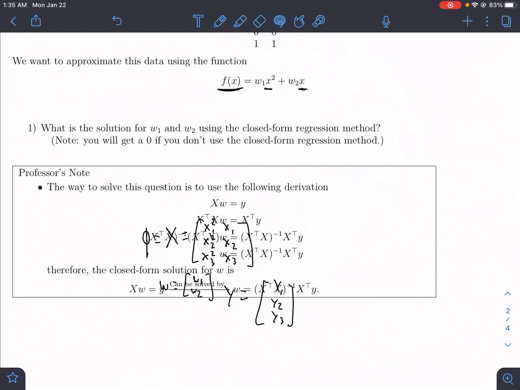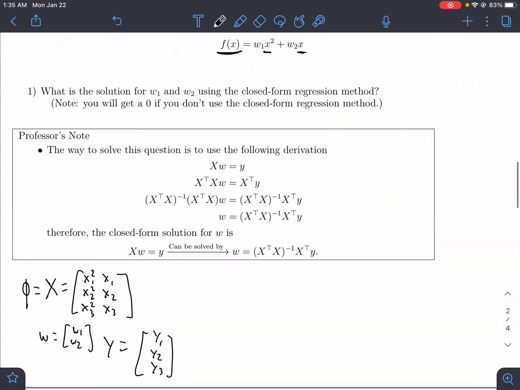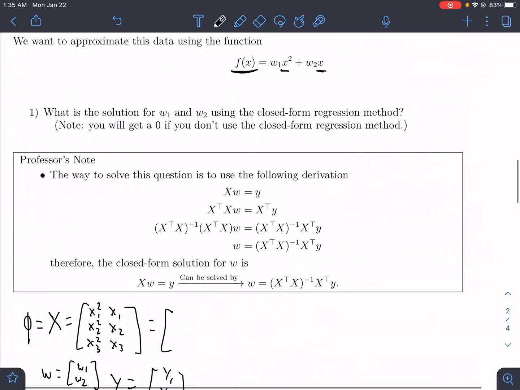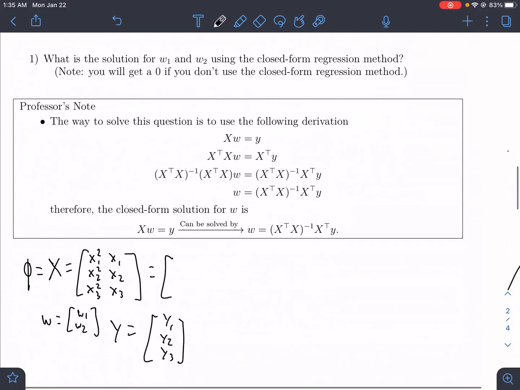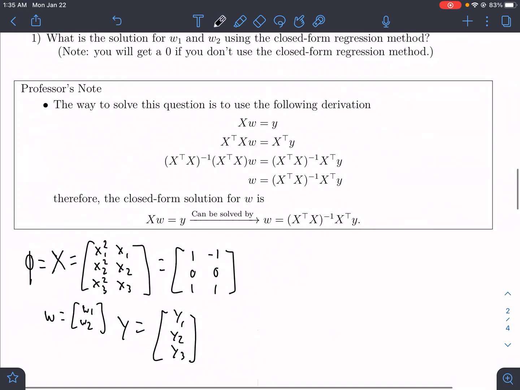Now let me just pull it down here. Okay, now let's fill this out. So x1 squared for -1, 0, 1. So x1 squared is going to be 1, 0, 1. This is what this is going to be. That's what our feature map is going to be.